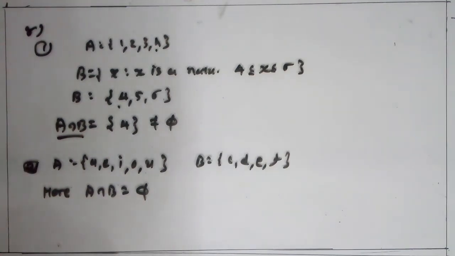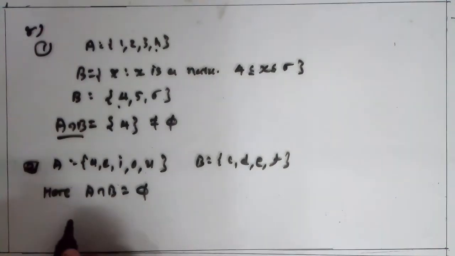For given sets A, B, C and D, find A minus B. A minus B is equal to, you know how to find this. Removing all common elements of B and A from the first set A, we get A minus B. Clear?